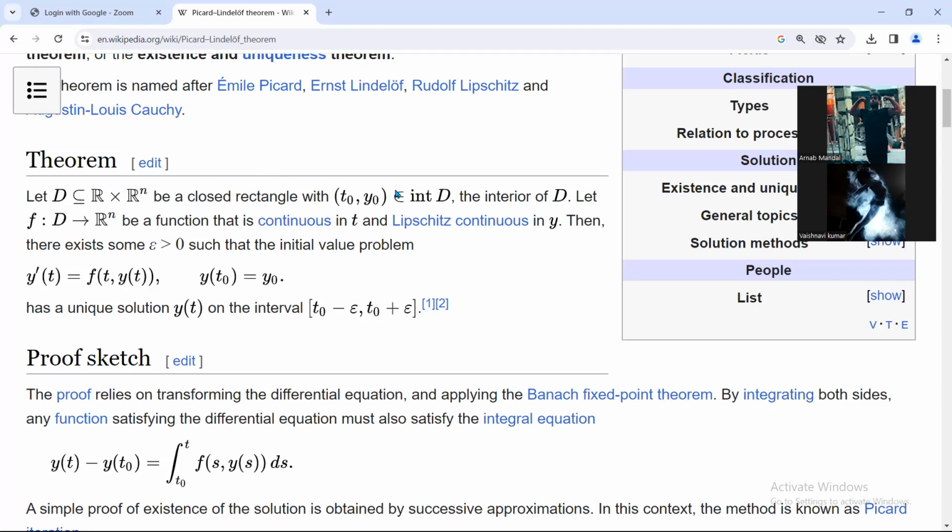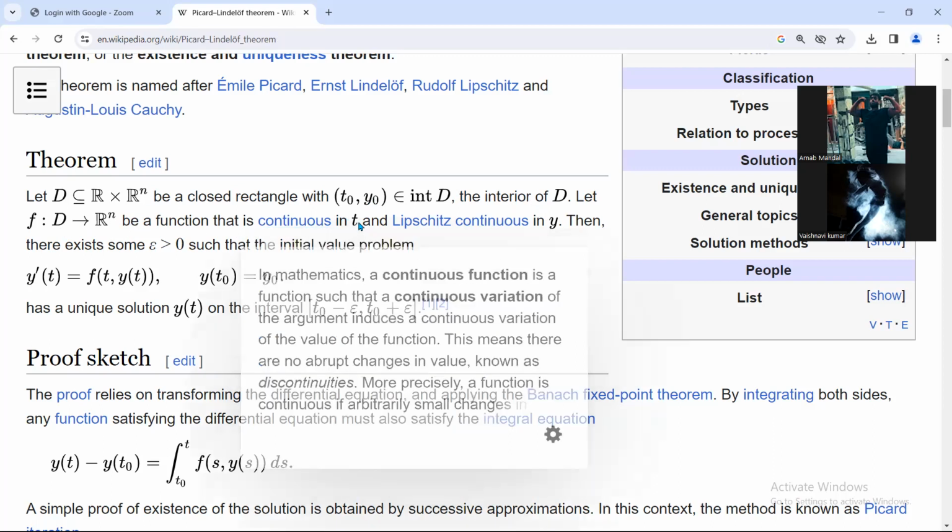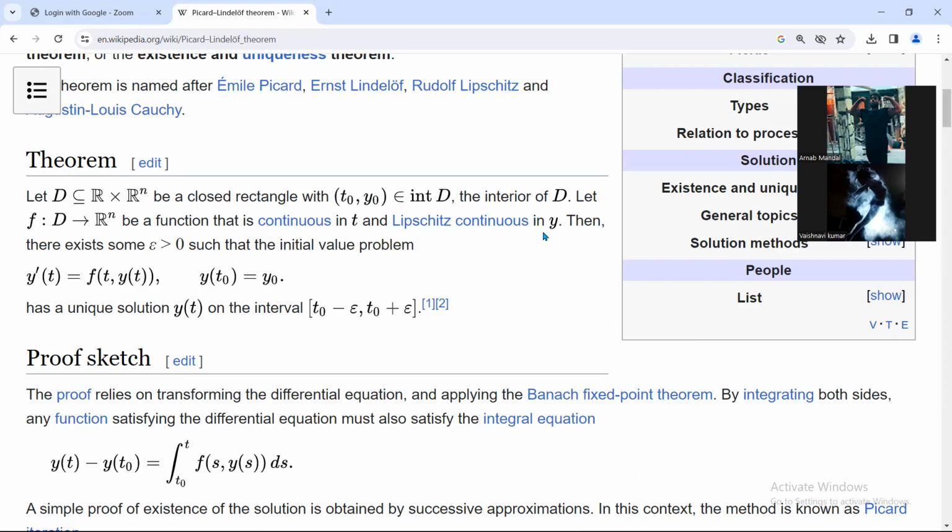So you can imagine a rectangle, take a point in the interior of the rectangle, and f is the function, the two variable function, that is continuous and Lipschitz in y. So you want Lipschitz only in one variable.